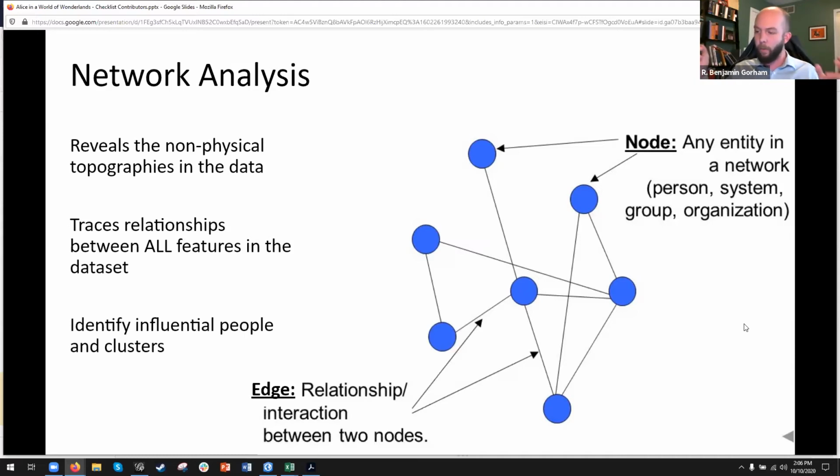Those are two separate nodes and they're connected by an edge because he uses that bank. Two people who share a scene in a movie or lines of dialogue in a play would be nodes connected by an edge. And these allow us to identify influential people and clusters or isolated people, isolated entities within the overall network of the data.